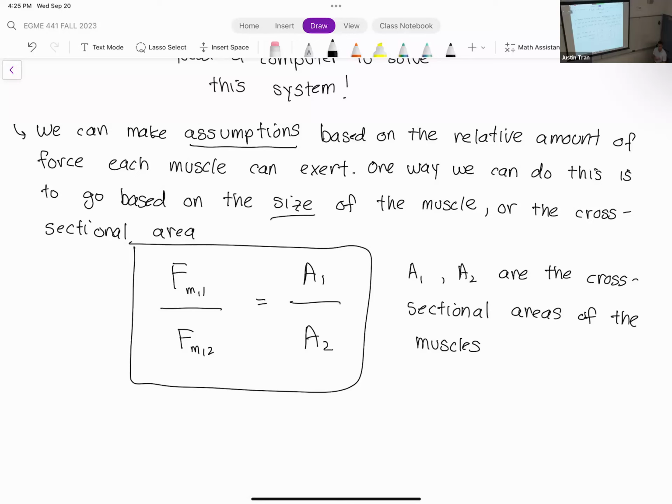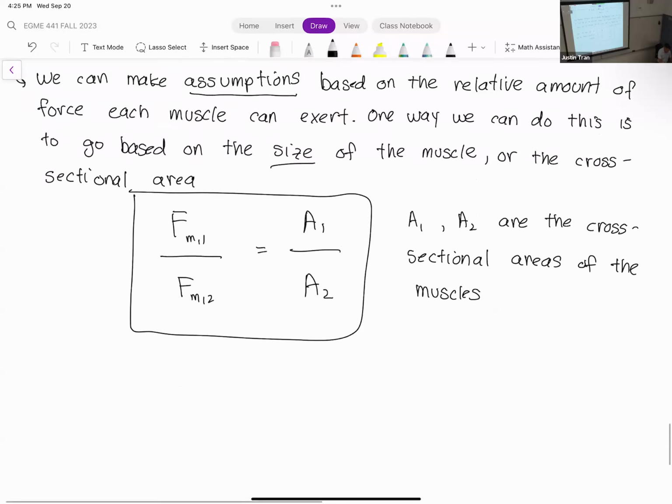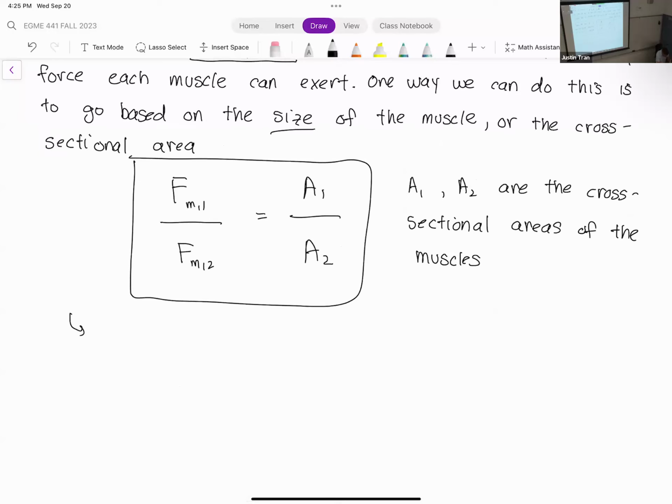Remember when we talked about muscle biomechanics a few weeks ago, we talked about the fact that muscles are comprised of these sarcomeres or muscle fibers. And I think someone asked a question about this, but generally the more muscle fibers you have in parallel in a muscle, in other words, the wider your muscle is, the more muscle fibers you have to contribute to the motion. So it makes sense.